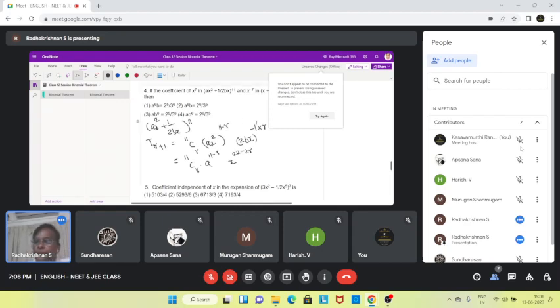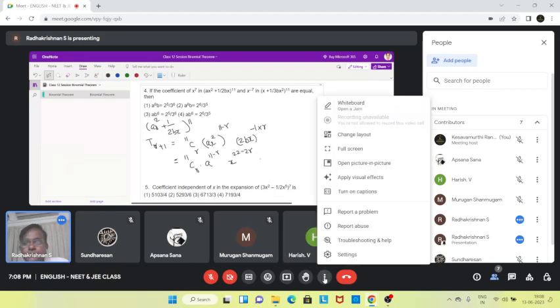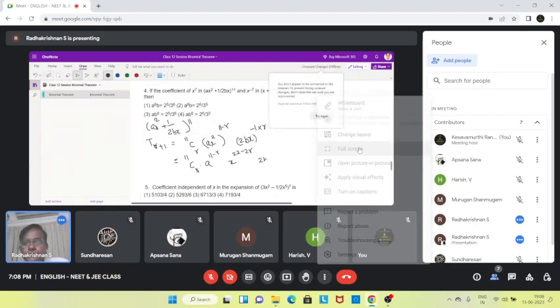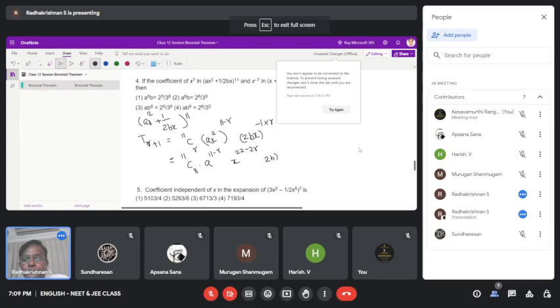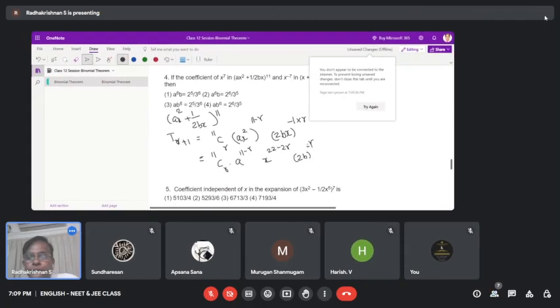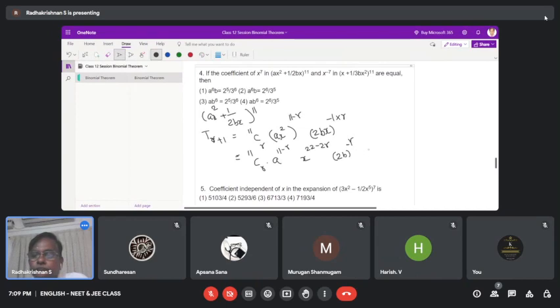Then 2b to the power of minus 1 minus r, x to the power of minus r.